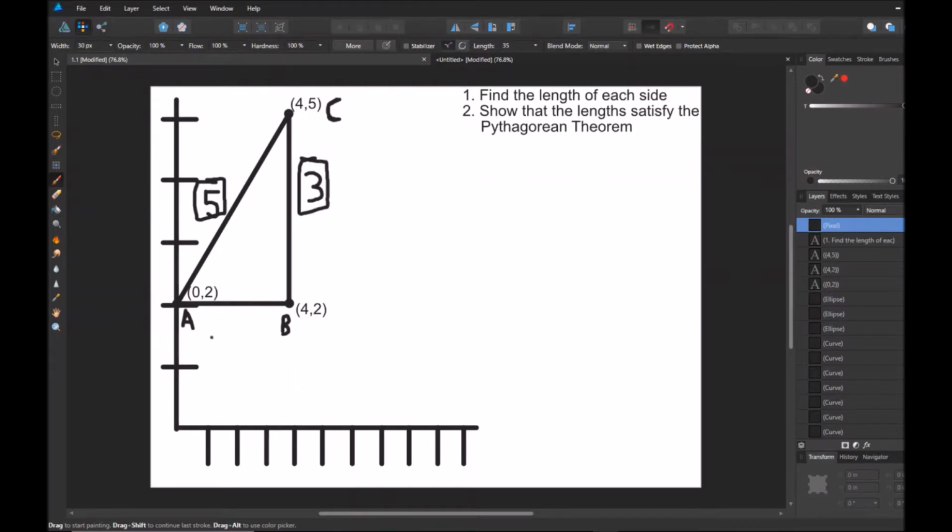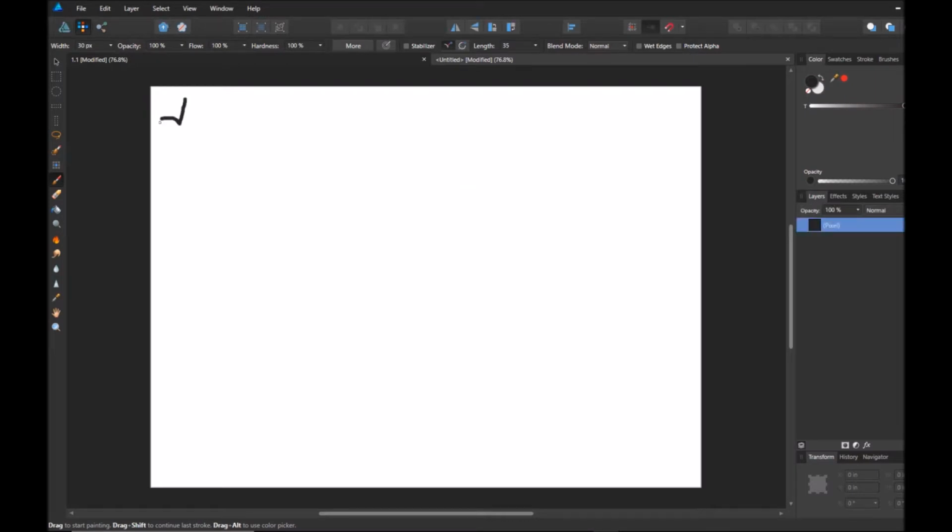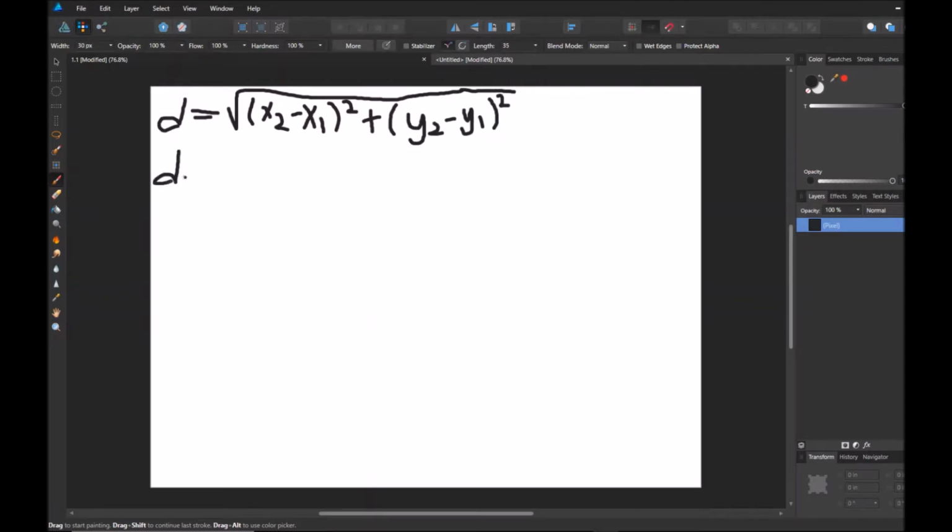And then now we find the distance between point A and point B. So our x2 in this case would be 0 because the point is 0, 2. And then our x1 would be 4 because the point is 4, 2.